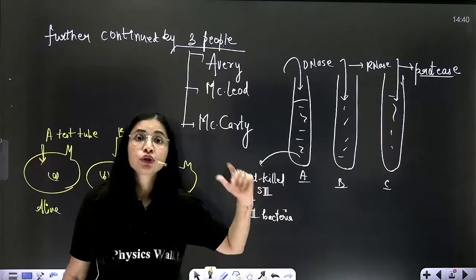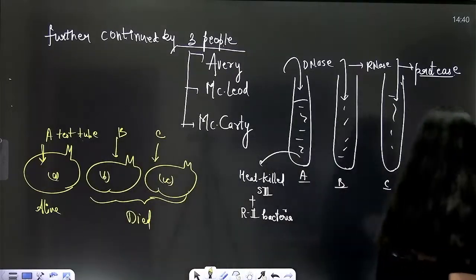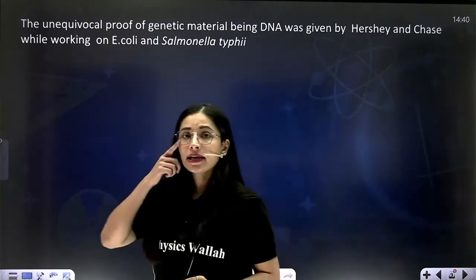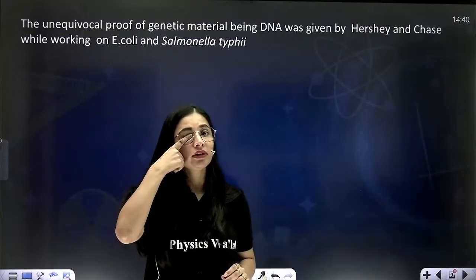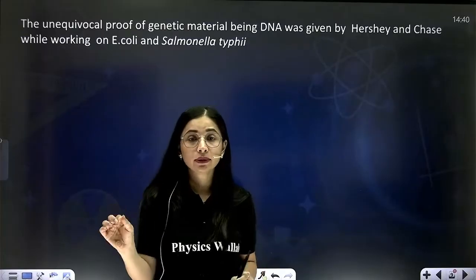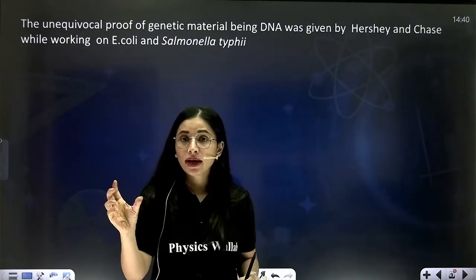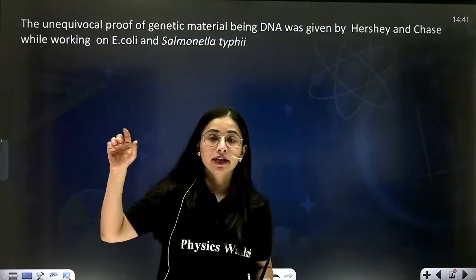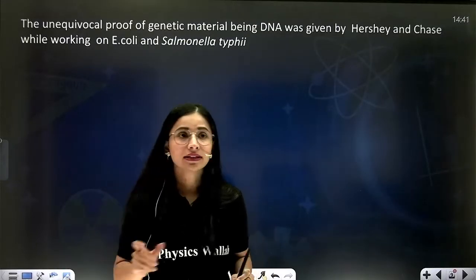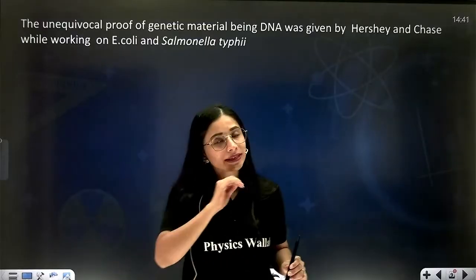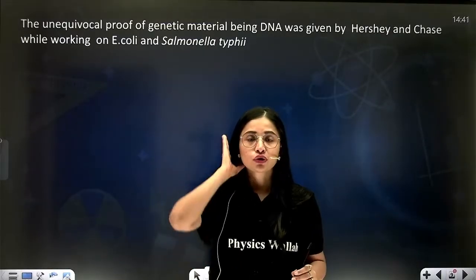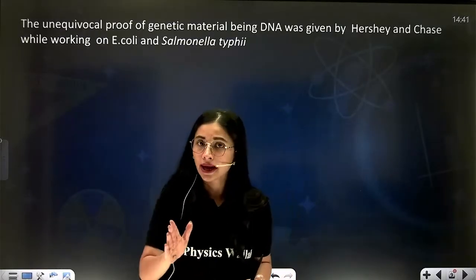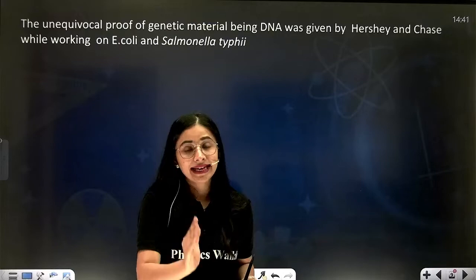For them, two more scientists came by the name Hershey and Chase, and they finally gave the unequivocal proof. Unequivocal means the proof in which there is no question mark. Nobody will raise any question that your experiment is wrong, why this, why that. Unequivocal means 100% truth. So a 100% truth experiment was performed by Hershey and Chase to prove that yes, DNA is the only genetic material.